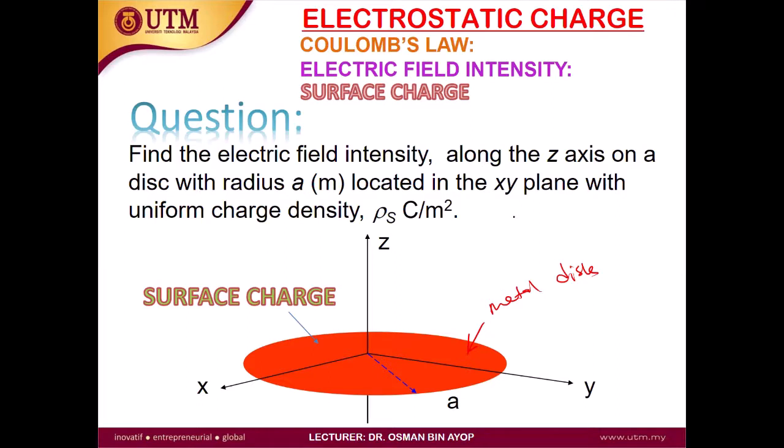So let's say I want to find the E field here. What is the total E field at that point contributed by the surface charge? The surface charge contains a lot of charge. Right? That is the situation.